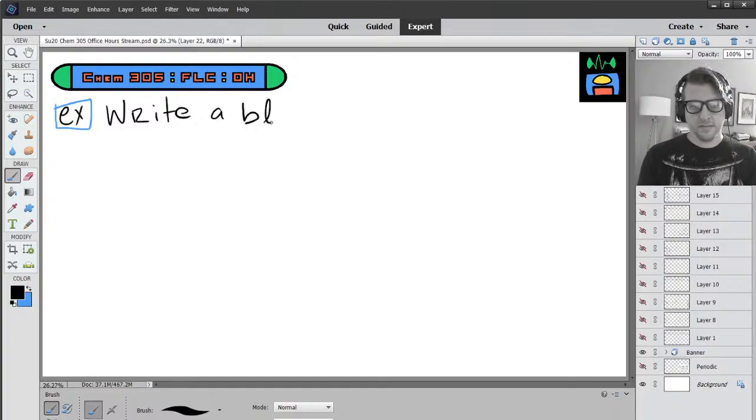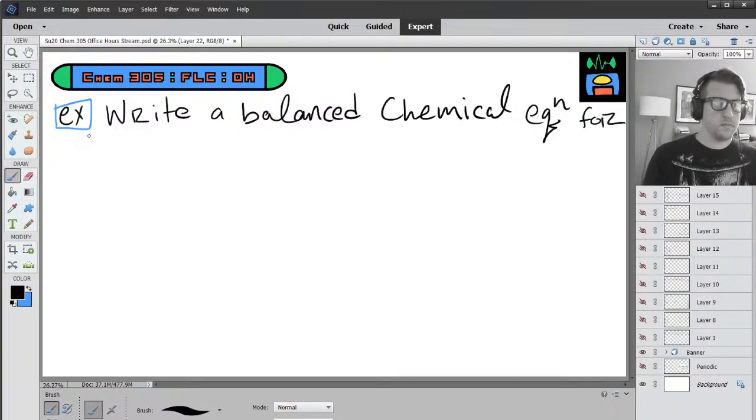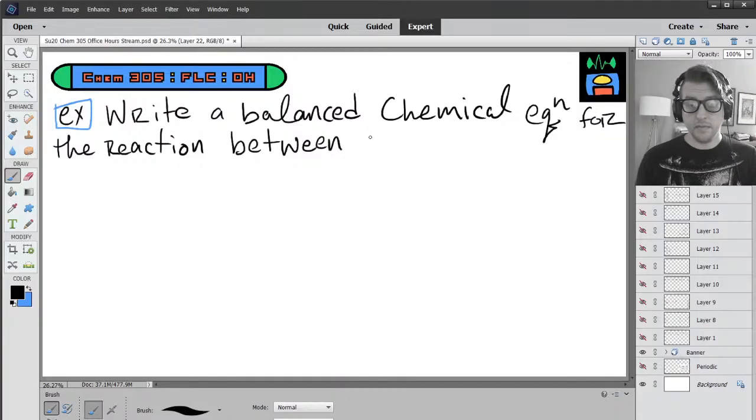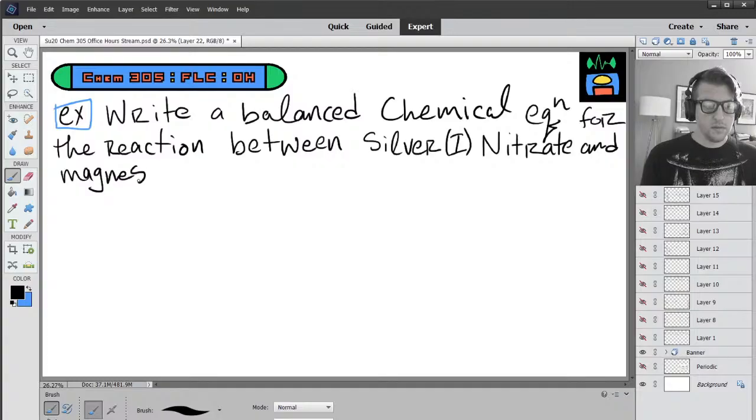Write a balanced chemical equation for the reaction between silver 1 nitrate and magnesium chloride.